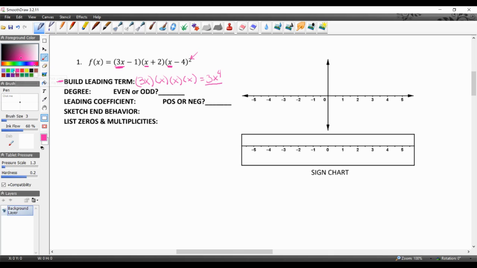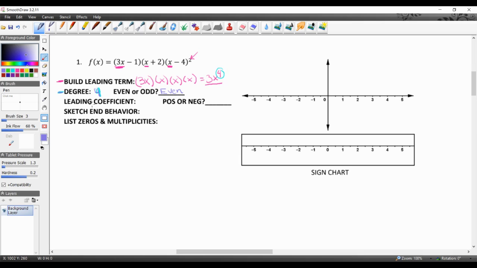So now that we have that, we can figure out the degree. The degree of this leading term is going to be 4. So that's our degree. And the number 4 is an even number. Let me use a different color here, it's kind of hard to see. So the number 4 is even, and I'm going to put even.